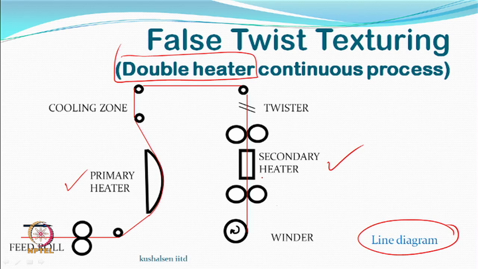In the case of the Helenka, the temperature requirements in this heater: let us say T1, temperature 1, versus temperature 2. The temperature 2 of the secondary heater is less than the temperature of the primary heater.